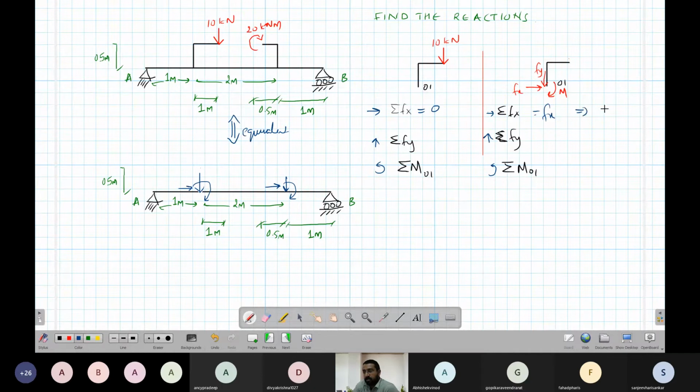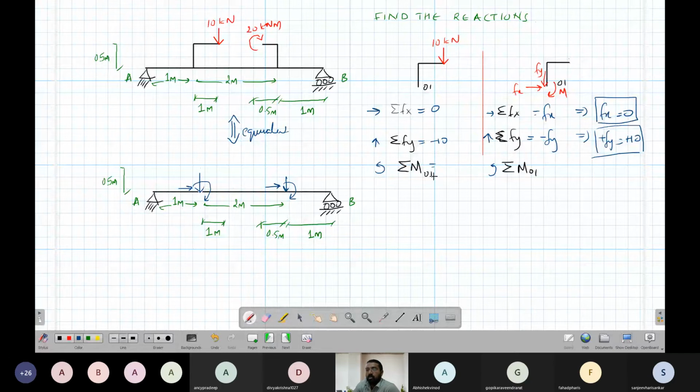Okay, so this implies Fx equal to 0. Fy is minus 10. So this implies minus Fy equal to minus 10. So Fy equal to 10 kilonewton.